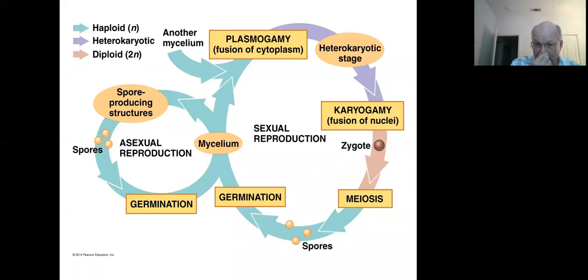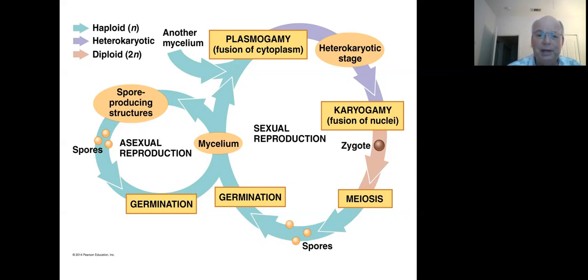And the type of fungus determines how long the haploid nuclei remain as discrete haploid nuclei. But at some point, those haploid nuclei will fuse by the process of karyogamy to give rise to a diploid nucleus that forms the zygote. That almost immediately undergoes meiosis.